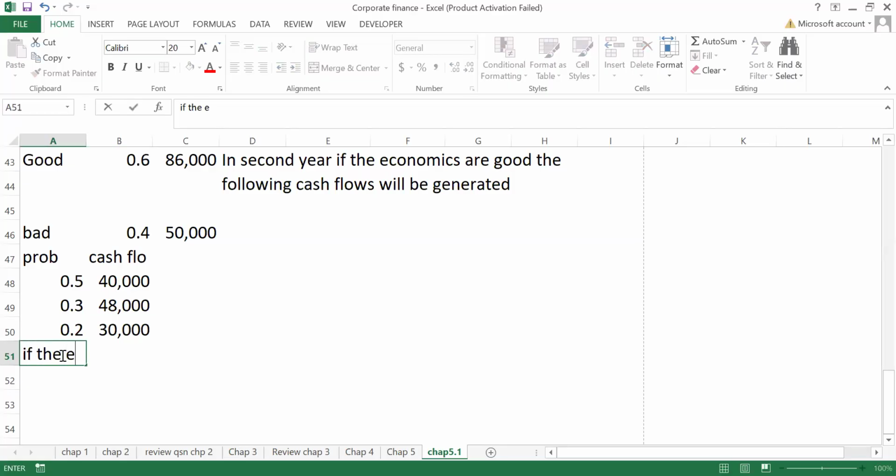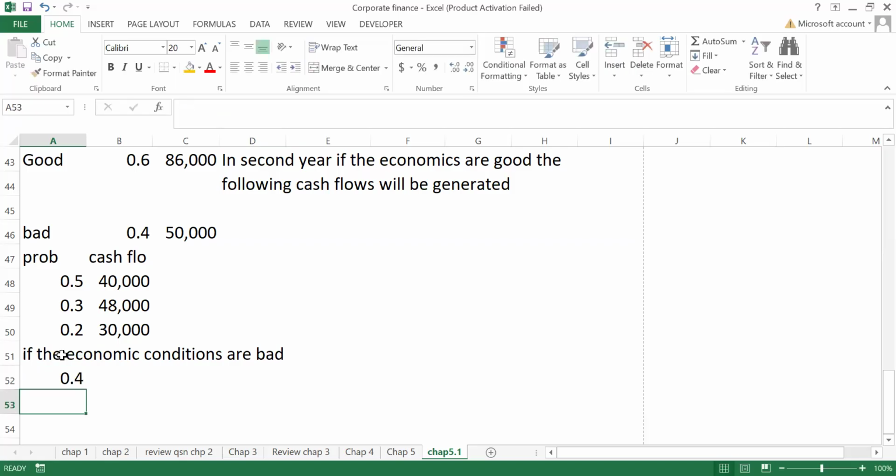If the economic conditions are bad, you can have 0.4, 0.35, 0.25.